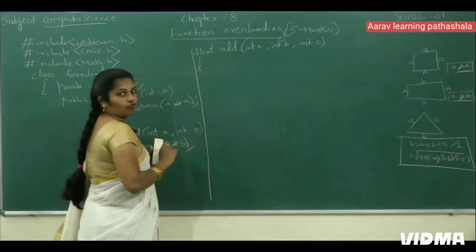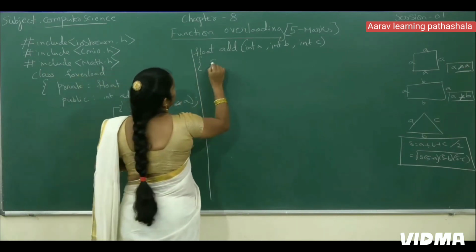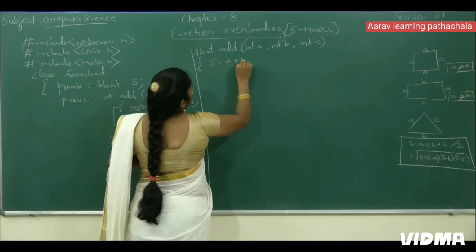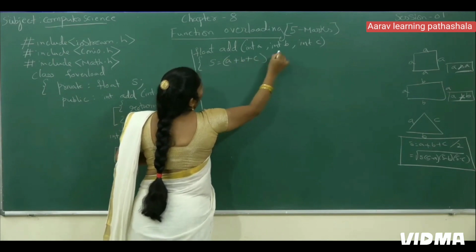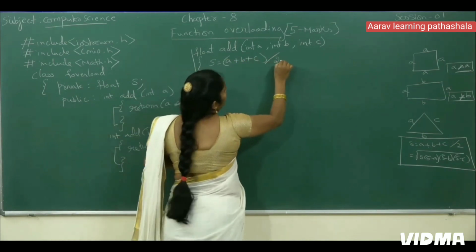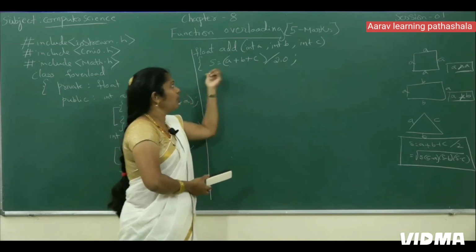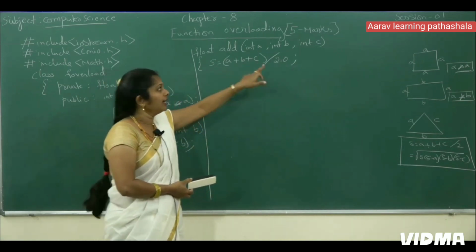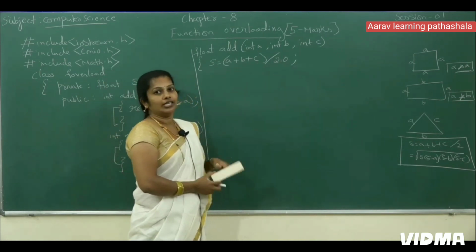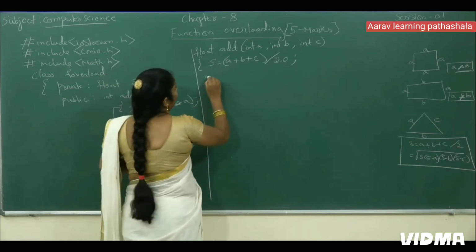In this, first we will find the S value. S equals A plus B plus C, whole thing divided by 2.0. 2.0 because the result we want to generate in float format. That's why I wrote 2.0. Then return the value.